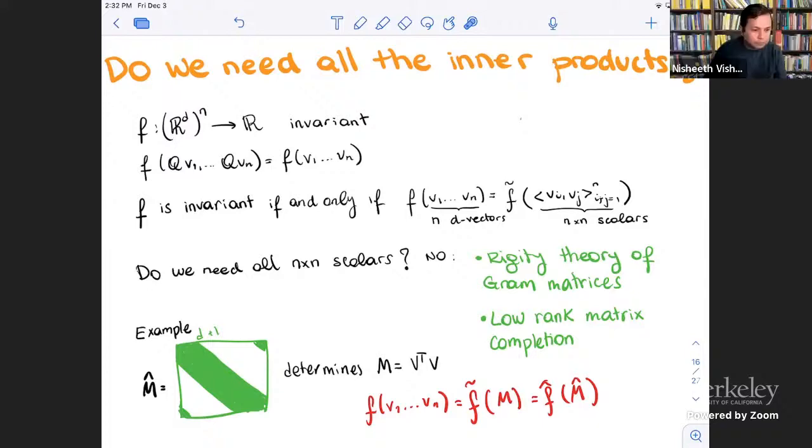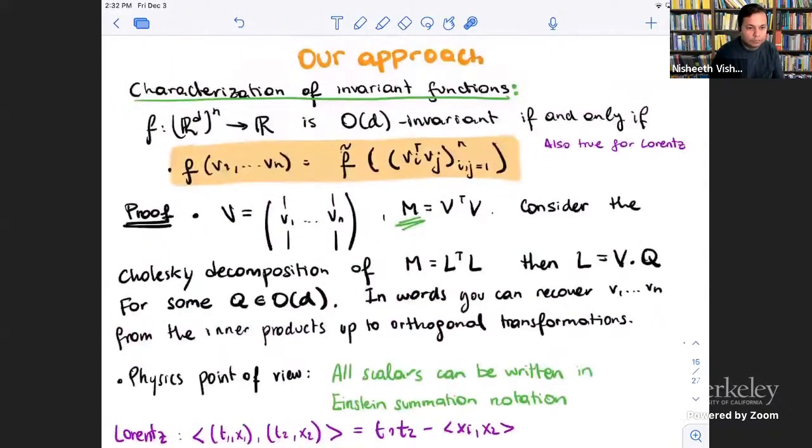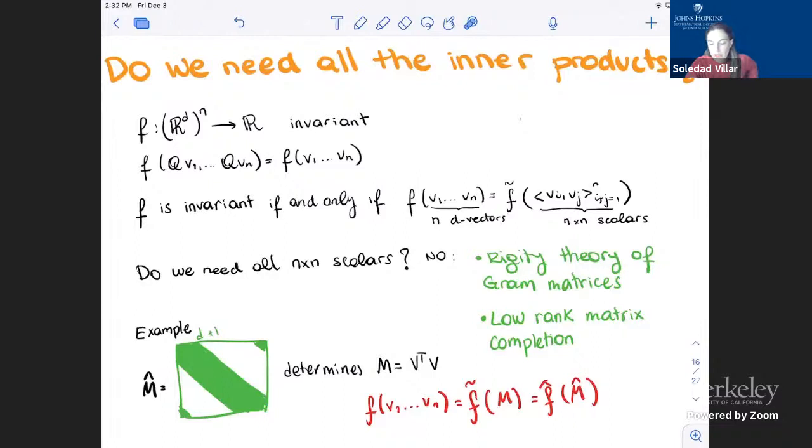But yes. So do we need all the inner products for parametrizing all these functions? And the answer is no. The reason why is maybe you can think of it in terms of this low rank matrix completion idea, that actually you don't need to know all the inner products to determine the vectors. So you don't need to have n squared features.